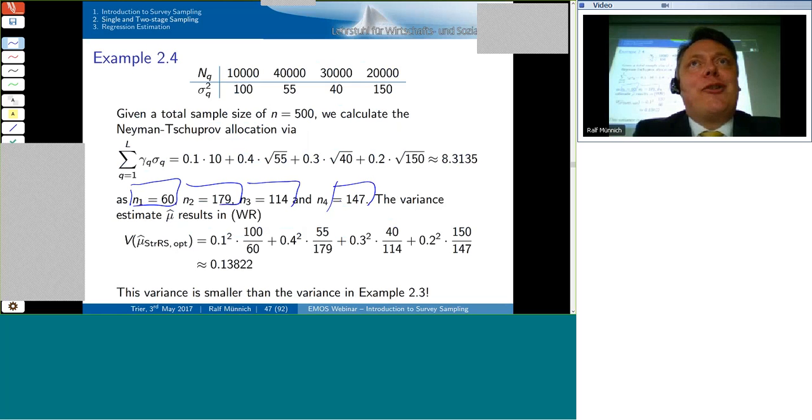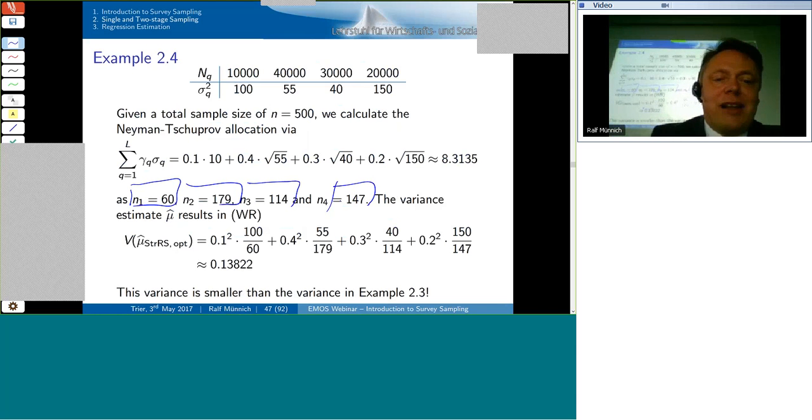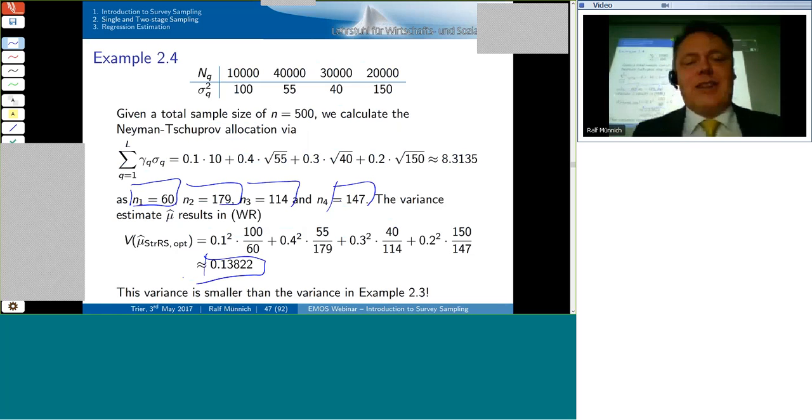If you have the optimal allocation, you get rounded values, of course, and you have to be careful with the rounding. Finally, the best result in our case is taking the optimal allocation. This variance is certainly smaller than the variance in our example 2-3 by definition, since we know the true variances in each stratum.